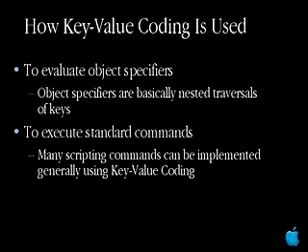How? Well, we use key value coding to provide automatic evaluation of object specifiers. If you're familiar with AppleScript, you know that basically the receiver of an AppleScript command is usually an object that's qualified along the lines of, okay, well, tell the first graphic of the front document of the application Sketch to do something, right? The first graphic of the front document of application Sketch, that's an object specifier.